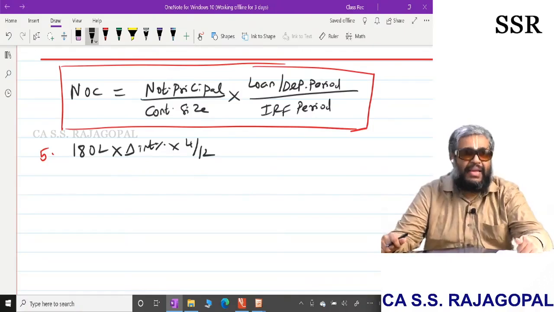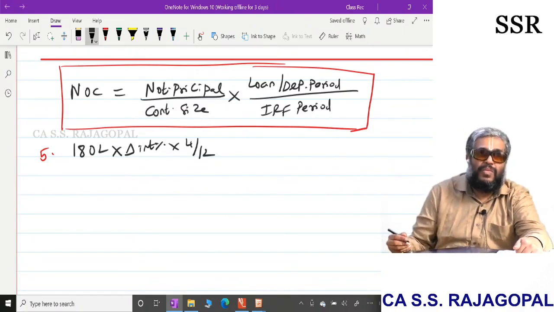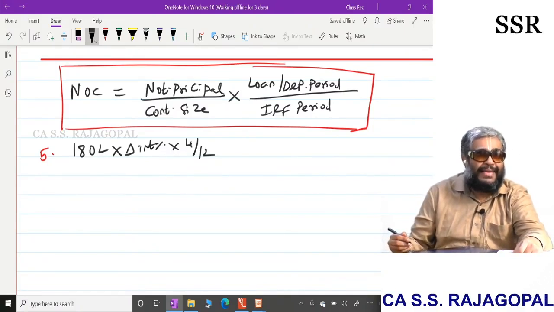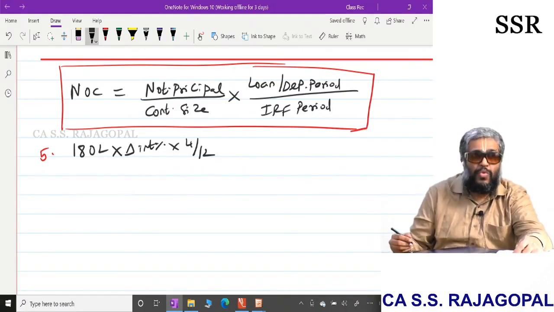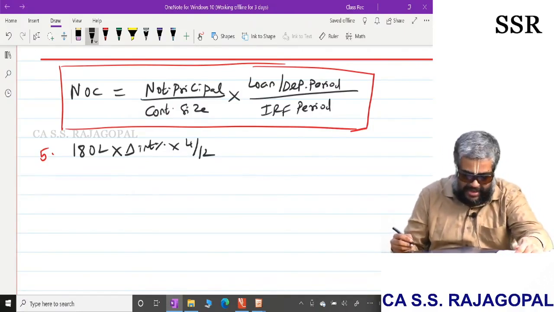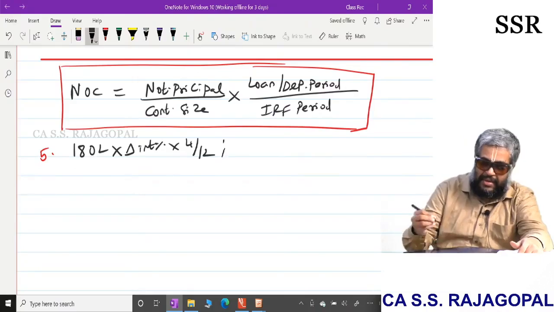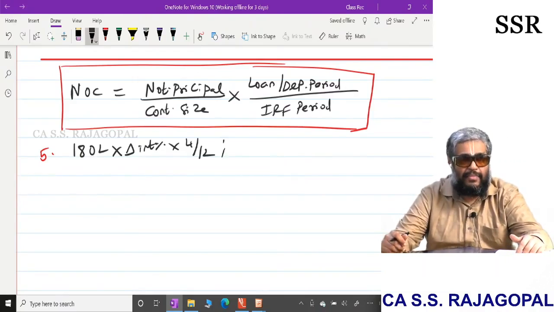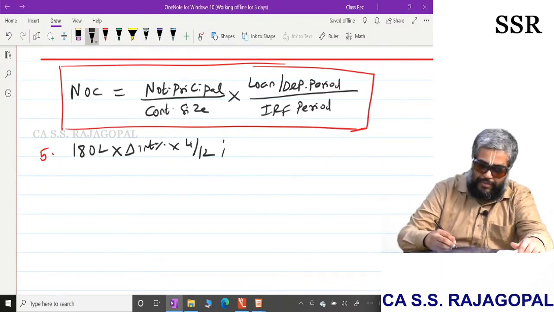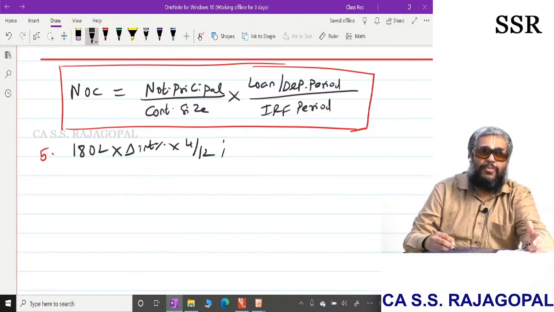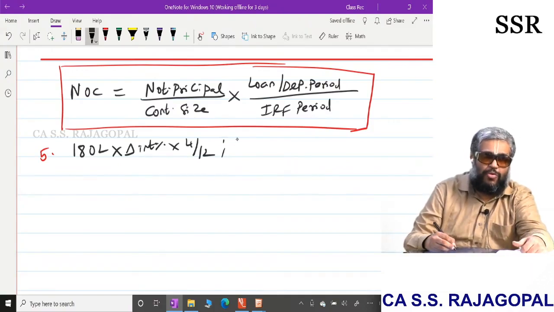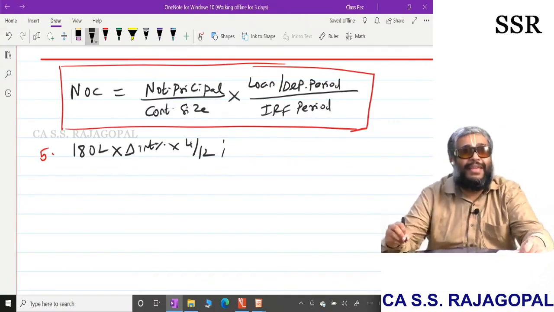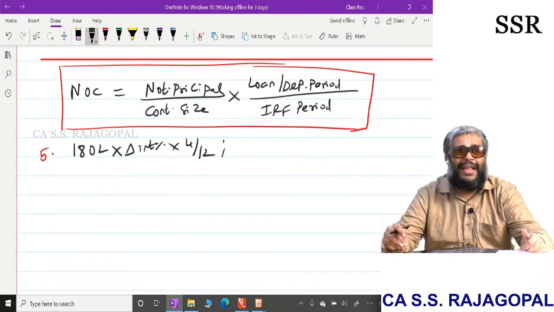which is done by taking position in the futures market for a notional principal of 240 lakhs.